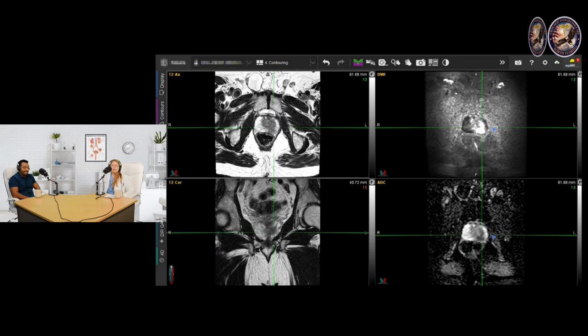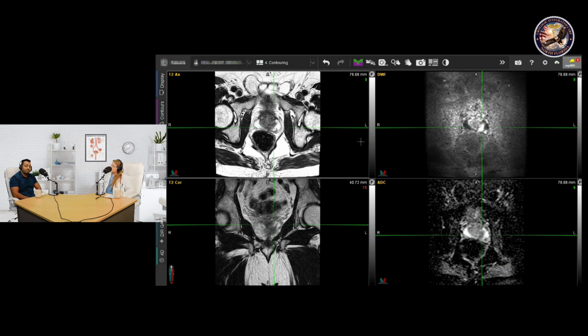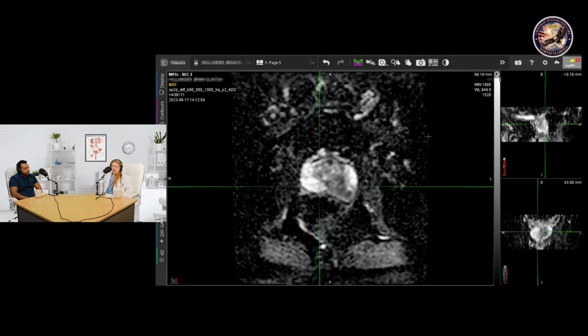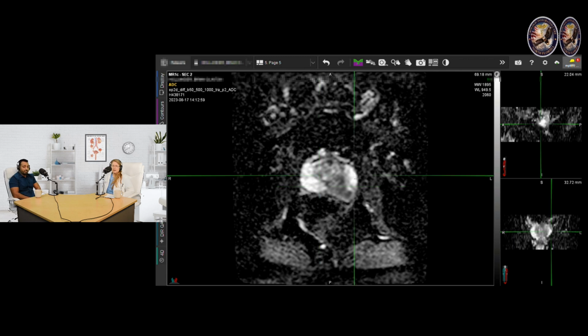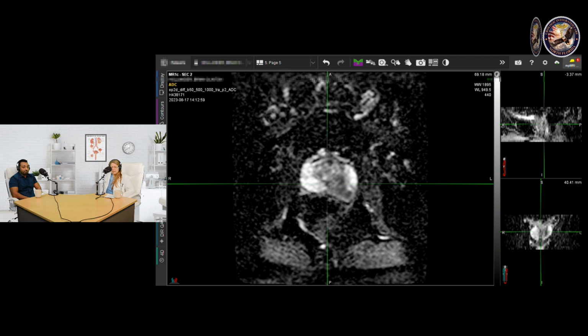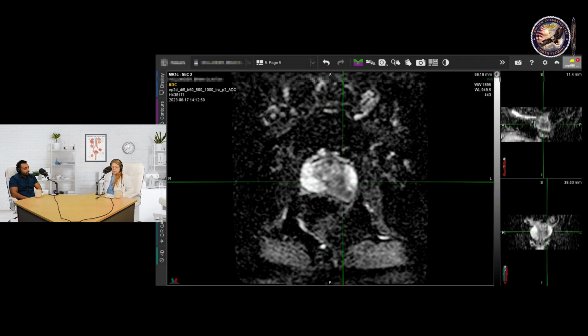It jumps out. And it's interesting because sometimes you don't see tumors very clearly on T2 weighted image. So you look at the ADC mapping and you're like, wow, there it is. And then also it jumps out on diffusion weighted image. And this was fascinating because the ADC values were only 424.